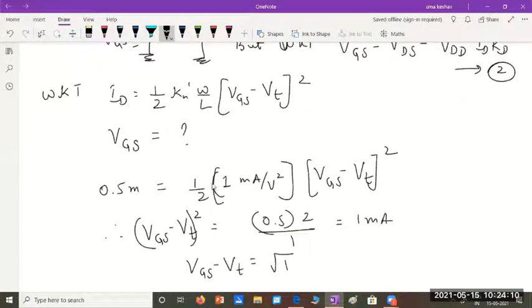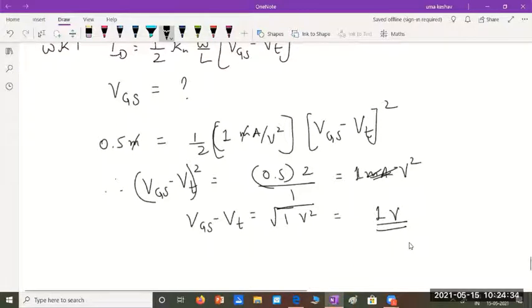Okay. So we'll cancel out milli on both sides. You have volt square, 1 volt square this will be, because this V square goes to this. If I write the units, otherwise you just say root of 1, which would be 1 volt. Is that clear? It's simple. You need not even expand and solve. Directly find VGS minus VT.